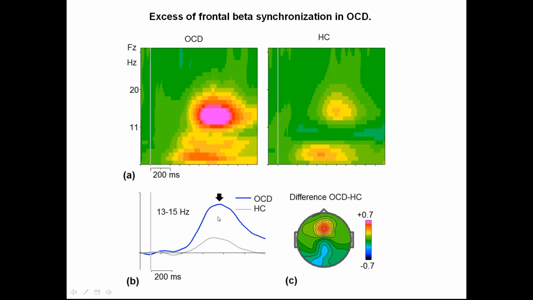So the amount of beta activity generated by the brain of these patients in response to relevant stimuli, the stimuli that have some behavioral meaning for a subject, is much higher than in healthy controls.